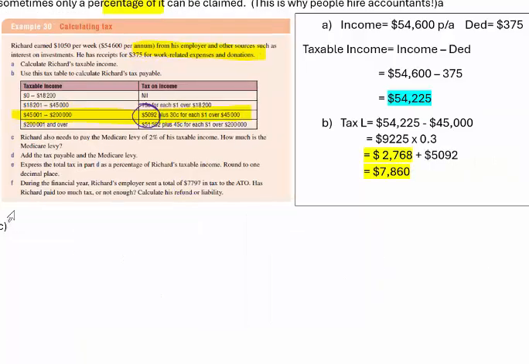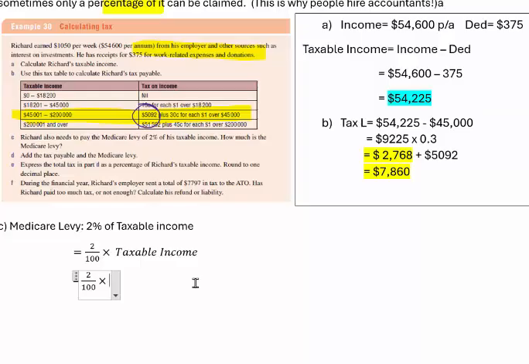Makes sense. One thing you need to know when you're an adult is if you do not pay health insurance, you have to pay a Medicare levy, and that is taxed at the rate of 2% of your taxable income. What does that look like?